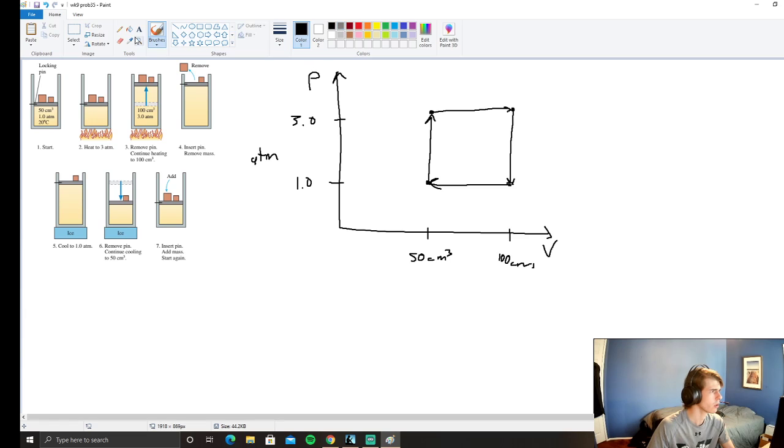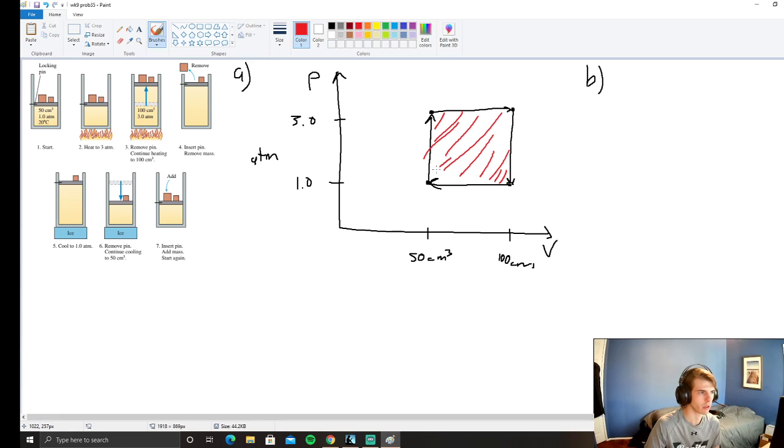After we've done the PV diagram, we can look at the work done. So this is A, and that's done. For B, we want the amount of work done. All you need to do for this part is calculate the area under the curves. These lines are straight up and down, so you can't calculate work from those.